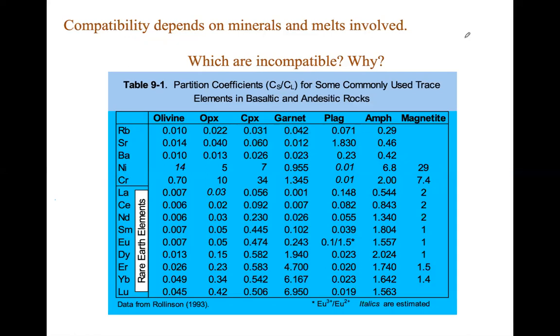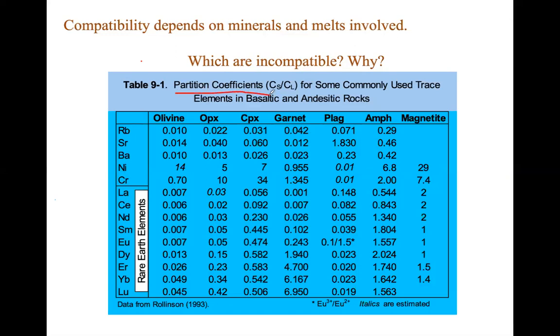We discussed compatibility and incompatibility because this always comes into the picture. Whenever you talk about magmatic processes, compatibility or incompatibility matters a lot, even crystallization or melting, both. So we can define partition coefficients.